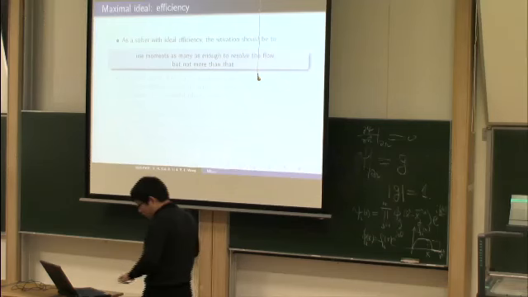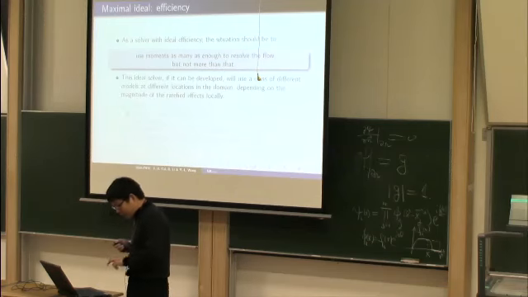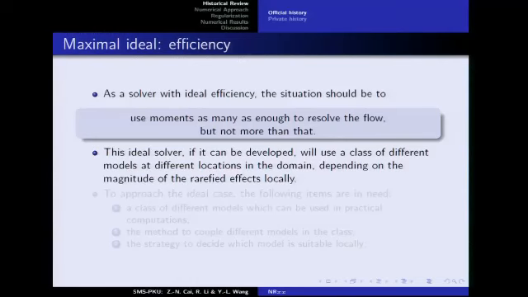Yeah, so if we want to have such an ideal solver, and only if it can be developed, we will use a class of different models at different locations in the domain, depending on the magnitude of the Rarefaction effects locally.